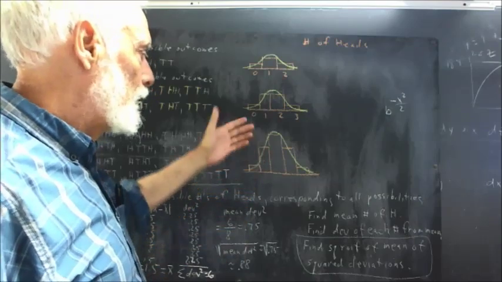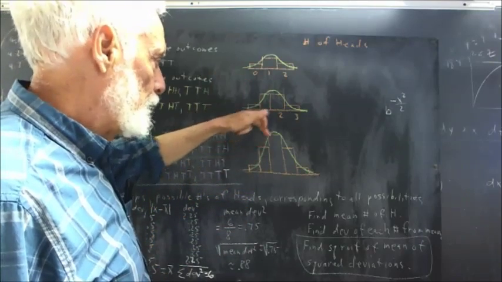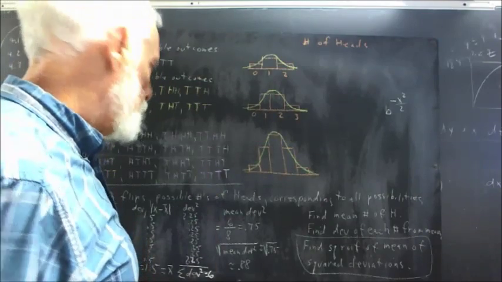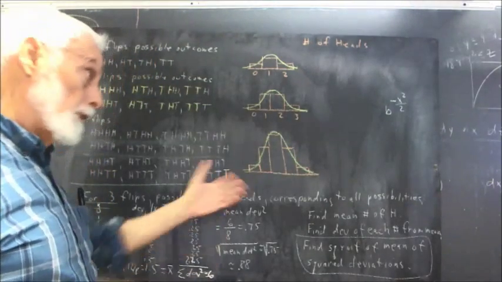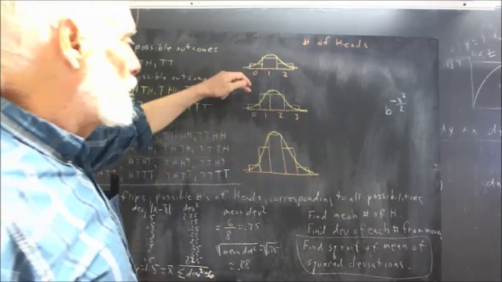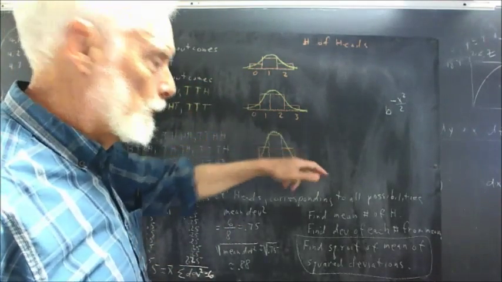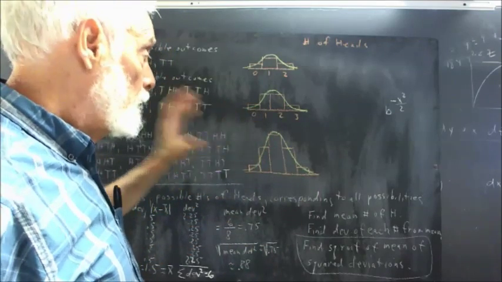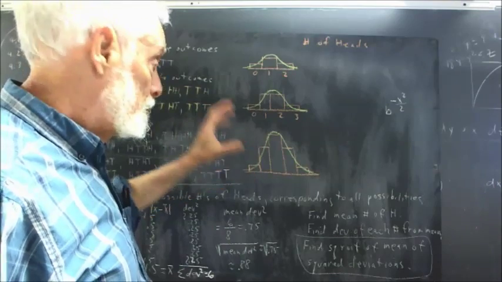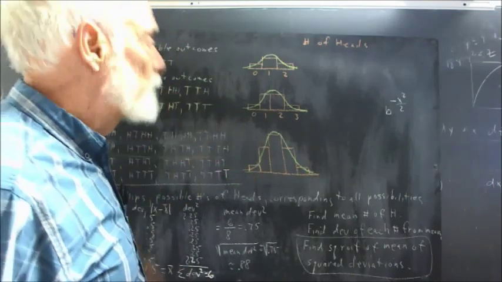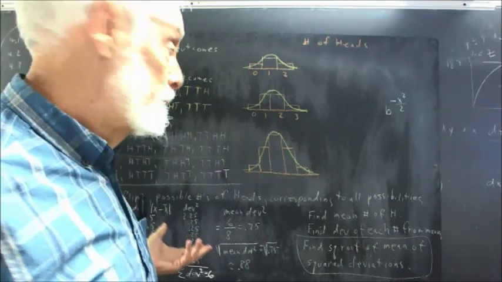Even if you just went through the center of each of these, you would have pretty close to a perfect normal curve. So when you have just small numbers of flips, these aren't perfect normal curves, but by the time you get up to 8 or 10 flips, if you do this the way I say, you have a pretty good normal curve.